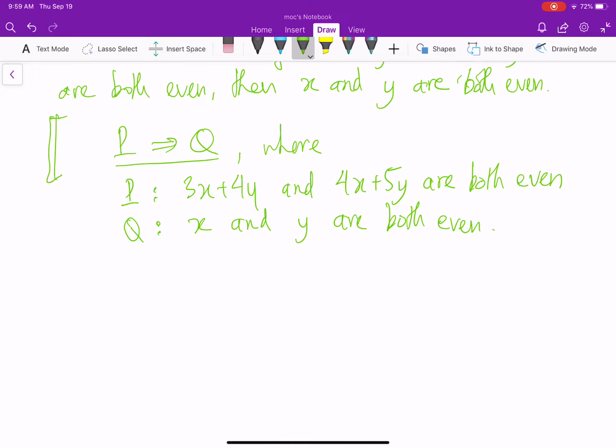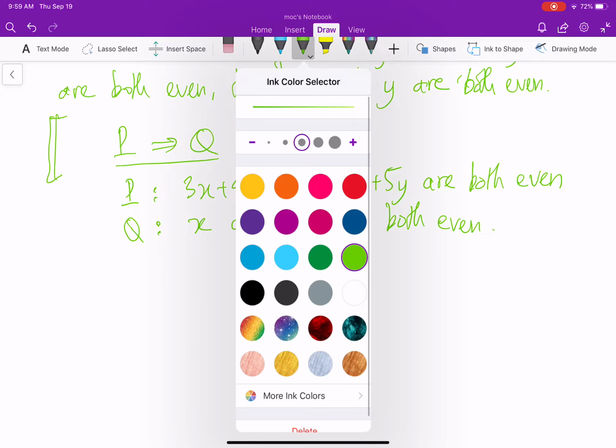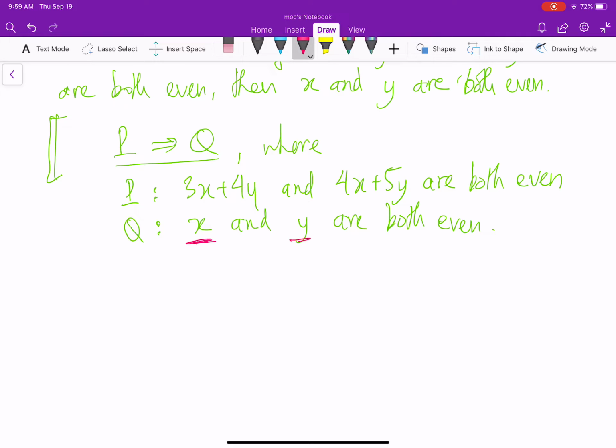Now let's start our proof. Our purpose is to show x and y are both even.